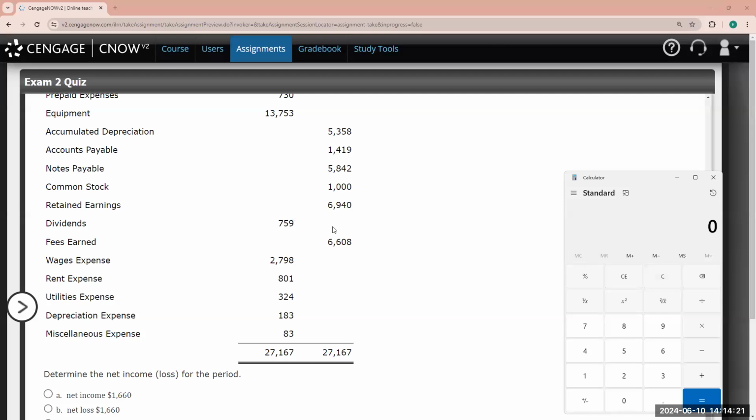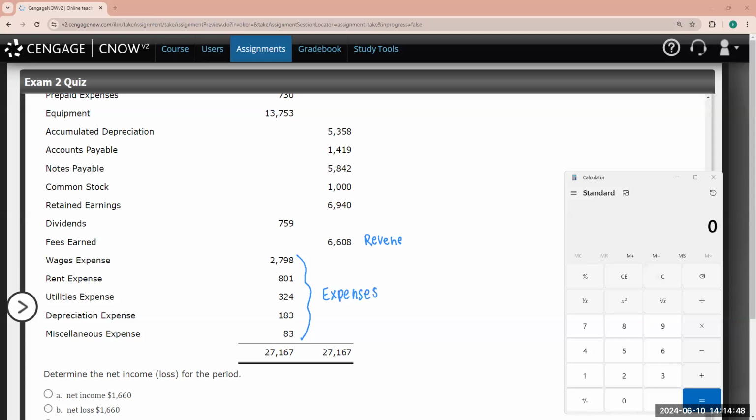So all of our information as far as our income and our expenses, we find them here. So here we have our revenue, $6,608. And then here we have our expenses. We have wages, rent, utilities, depreciation, and miscellaneous.